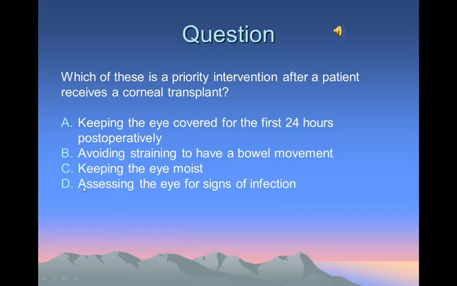We do want to assess for signs of infection, but that's not the priority. If the patient strains to have a bowel movement, especially soon after a corneal transplant, it can literally pop that transplant off. So the priority is to avoid straining during a bowel movement, which would be the B answer.